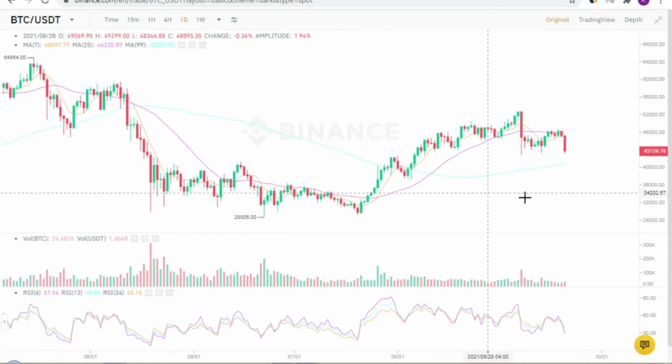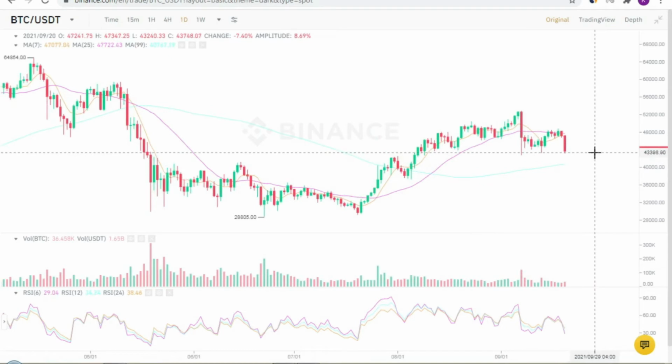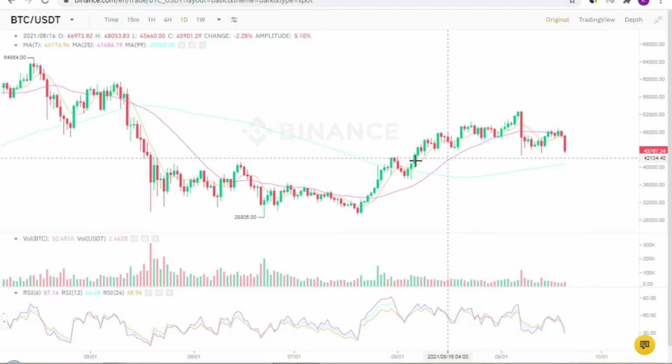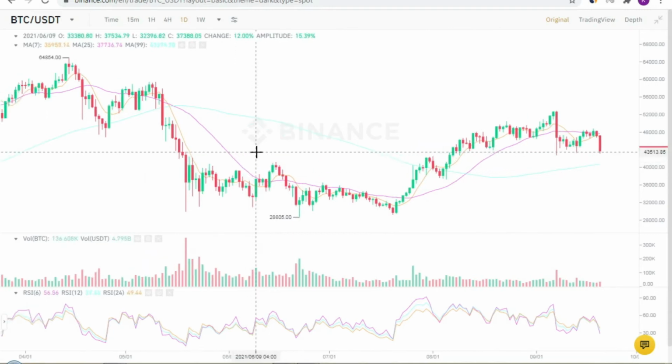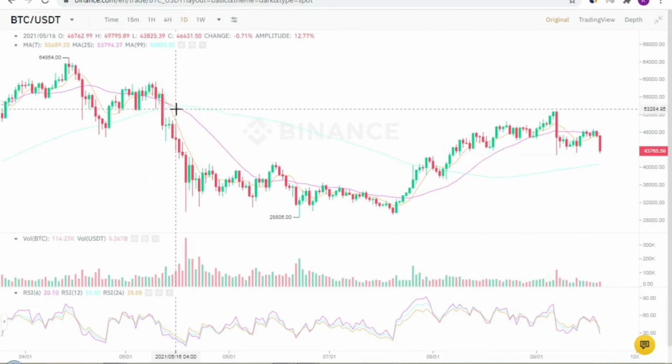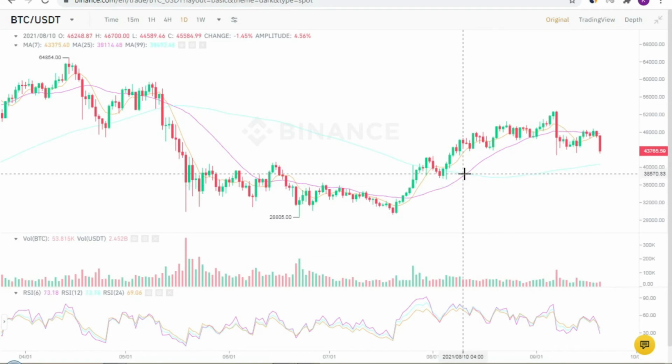The thing is, Bitcoin could drop about 50% of its value. Altcoins lose about 90 or even 95% of their values. Some go to zero. So what you have to understand here is that this is the death cross. This is the golden cross.